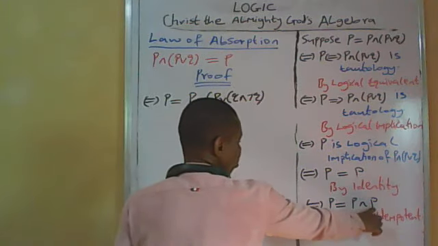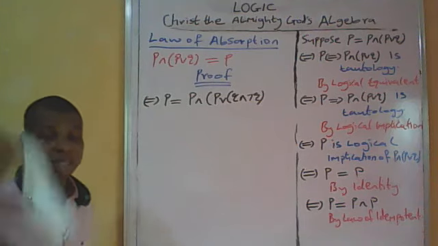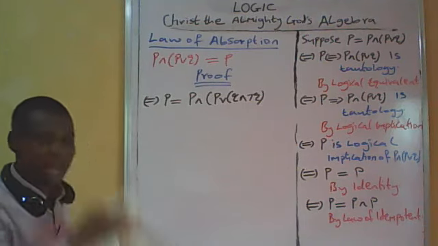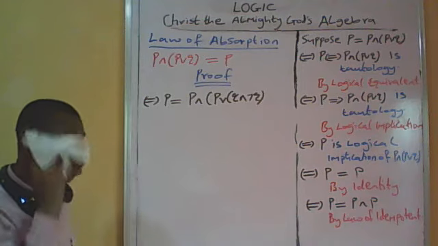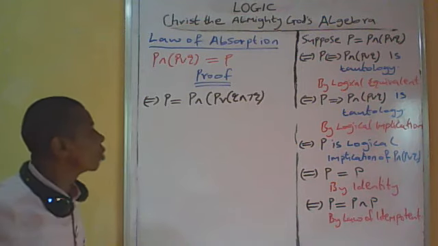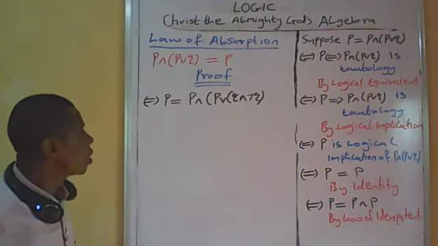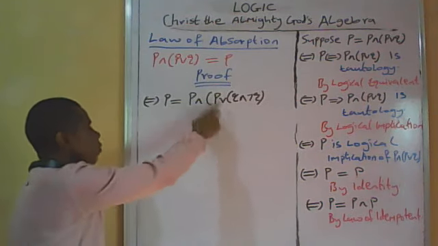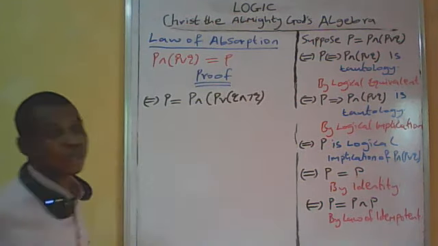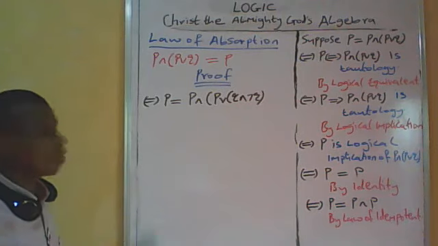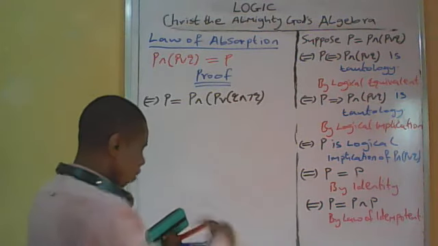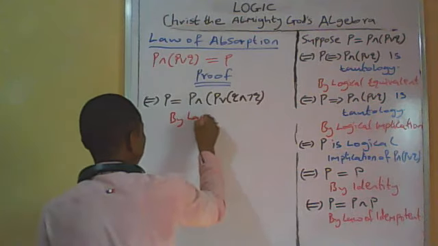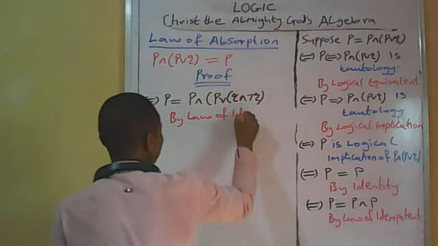And whenever falsity is ORed with any term, it is the same as that term through the law of identity. So it means that P or bracket Q and not Q is equal to P, and P is equal to P. So that's still logically equivalent, justified by the law of identity.